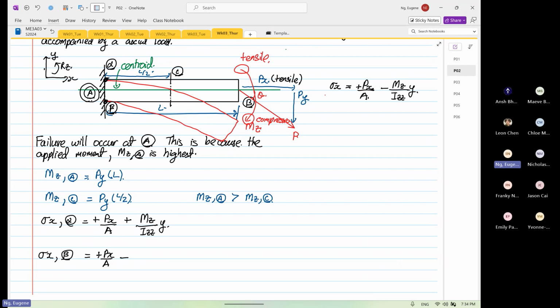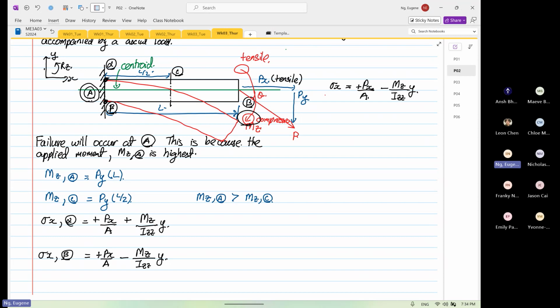Below the centroid. If you look at the green centroid, it is below, and below, your moment is in compression, or the stress is in compression. So this is equal to minus Mz over Izz multiplied by y. So by visualizing the moment vectors, I hope things get less confusing for you, or for me also. It really helped me a lot in visualization.